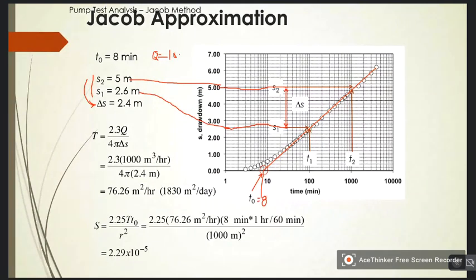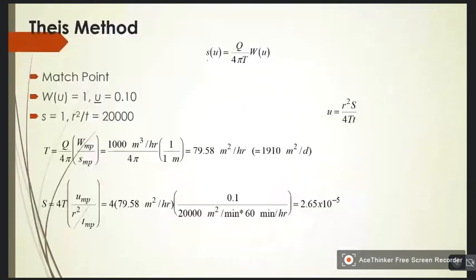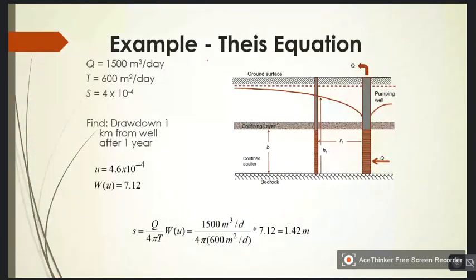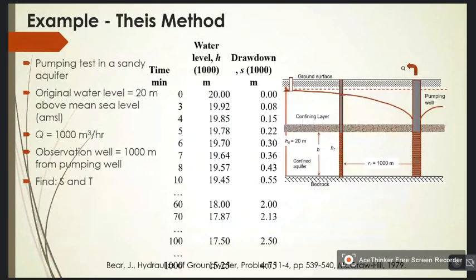I think it is the same problem, a clear problem. One minute, I will go and see back. Same data. Q is equal to 1000 meter cube per hour.